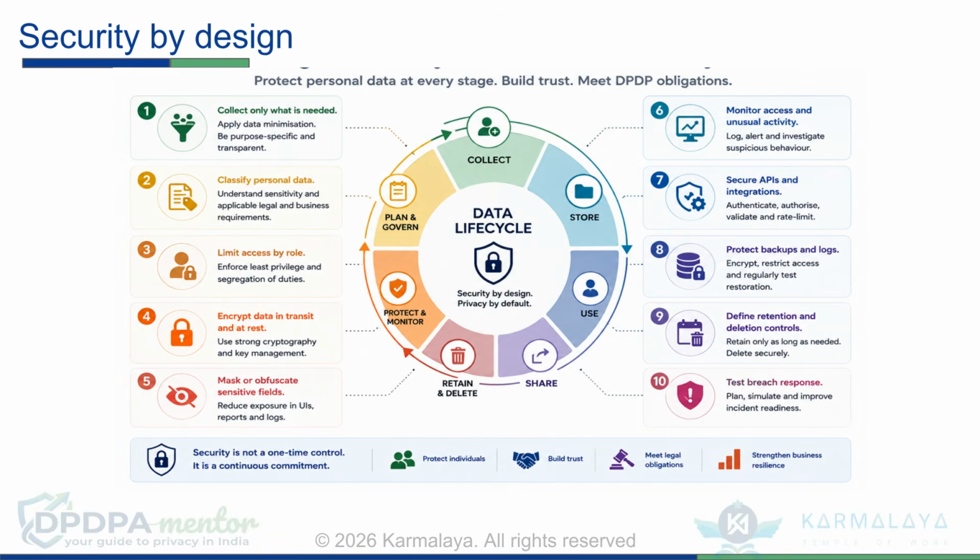Privacy design cannot be separated from security design. The DPDP implementation program should connect data discovery, classification, access controls, encryption, monitoring, backup protection, retention, and deletion. Design thinking helps security teams consider the human factors that cause incidents.